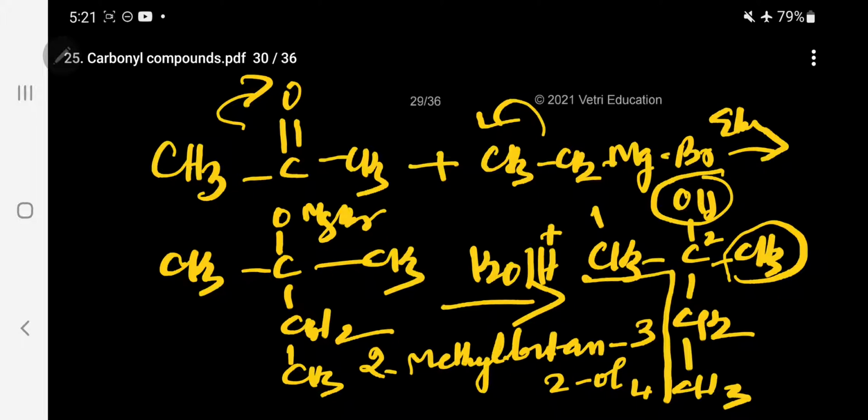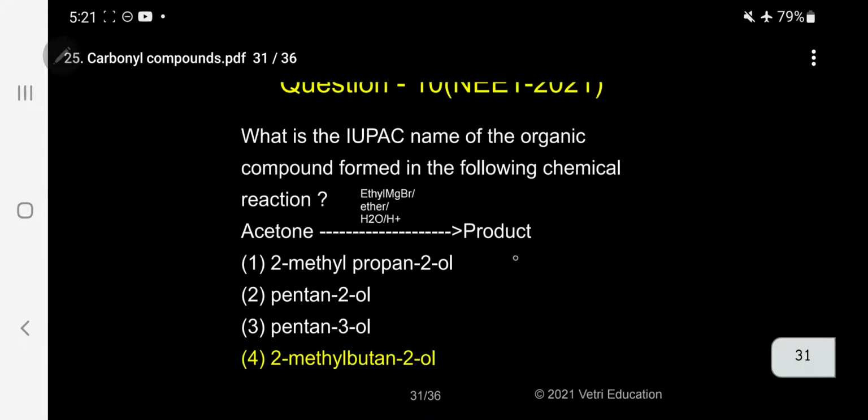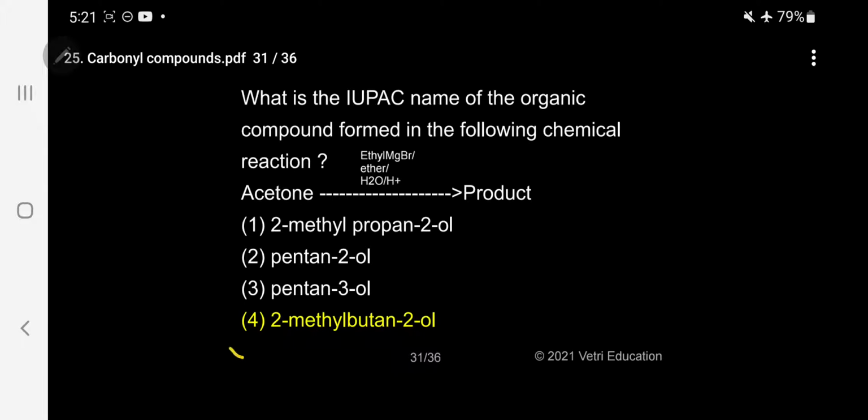So the correct IUPAC name for this compound is 2-methylbutan-2-ol. This is the correct answer. Let me go to the options now. The answer is 4, 2-methylbutan-2-ol, the correct answer.